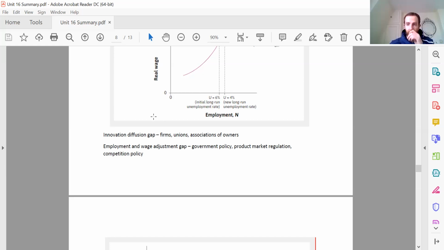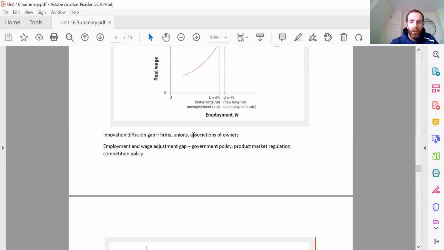The willingness of unions to accept new technologies, or maybe push against them, could have an impact on how quickly new technologies come in. And there are also associations of owners, groups of owners who get together formally or informally, and maybe they push back against these changes or they adopt them.